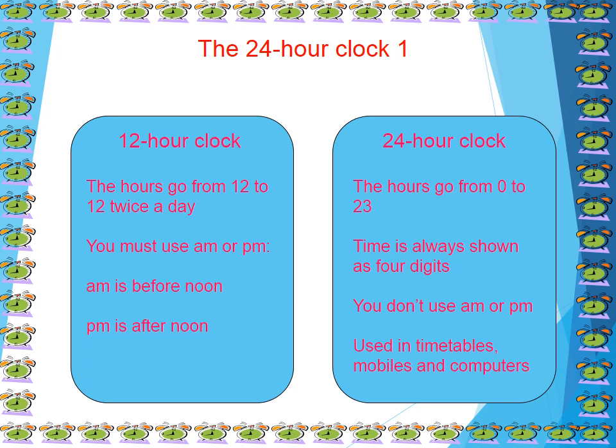AM is before noon and PM is afternoon, while in a 24-hour clock, time is always shown as 4 digits. You don't use AM or PM. We use the 24-hour clock in timetables, mobiles, and computers.